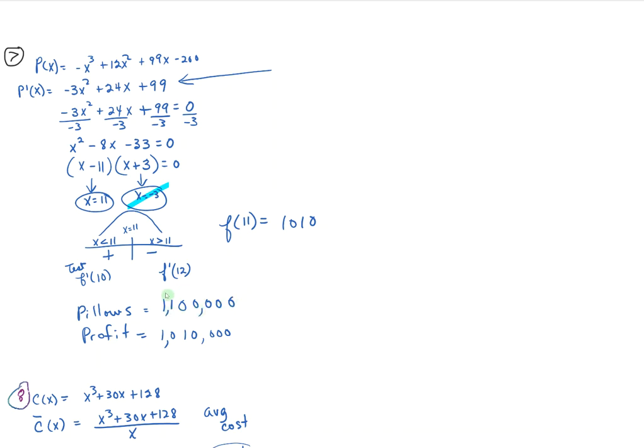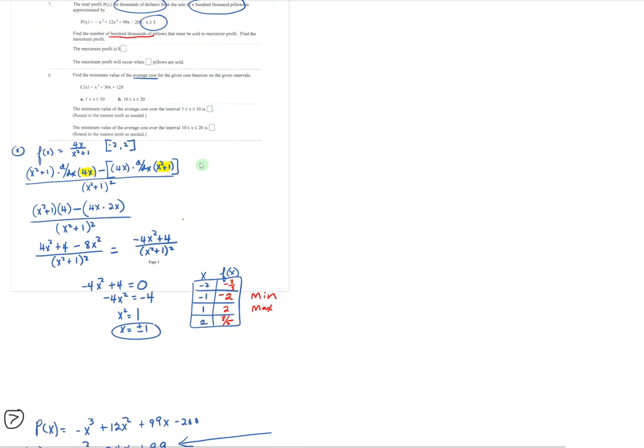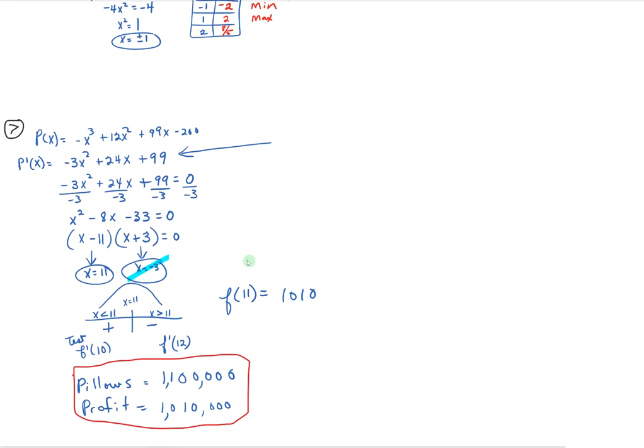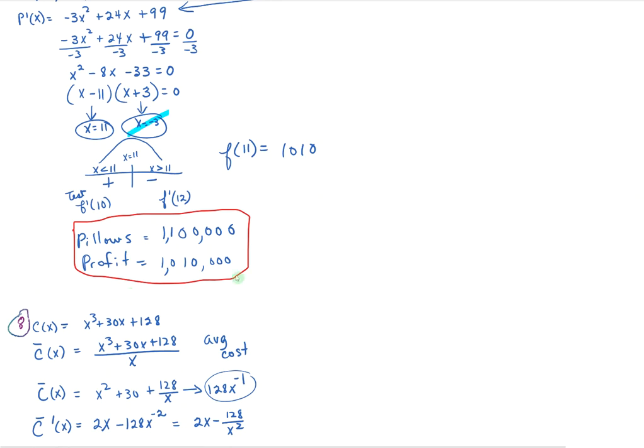So be sure that you've moved your decimal places to get those. So those are going to be our answers there. Let's see how it asks for it. So the maximum profit is, and then you'll put the number of pillows sold there. So that's the pillows and that's the profit.